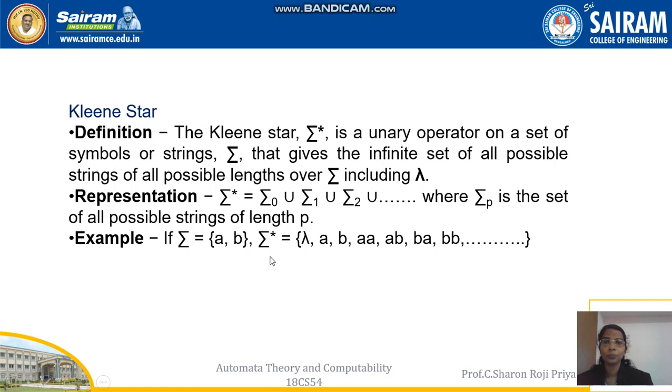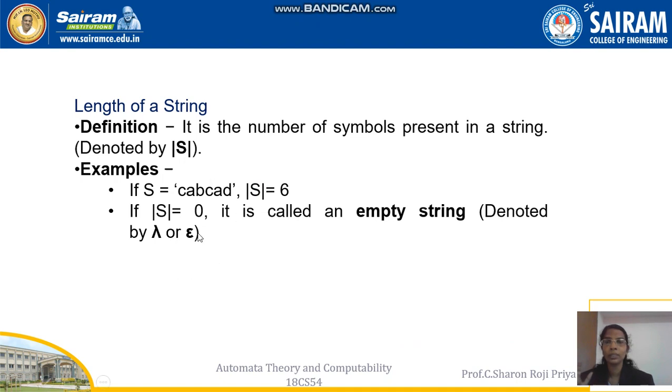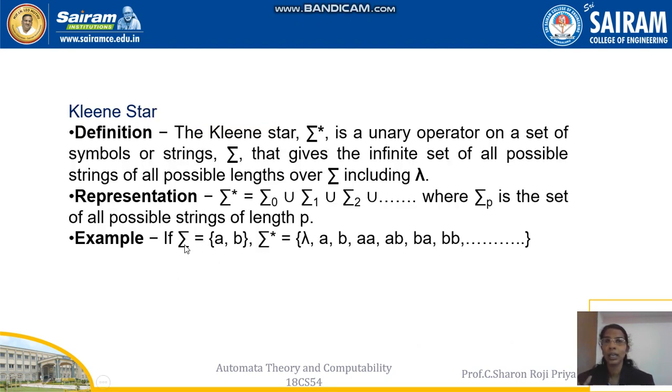Suppose I want to find A star. The meaning is null or more occurrences of A. This star includes the empty string also. So how can I denote the empty string? Using my epsilon.